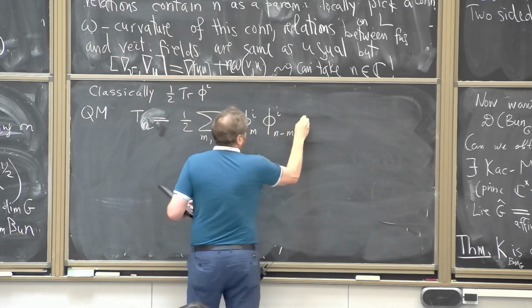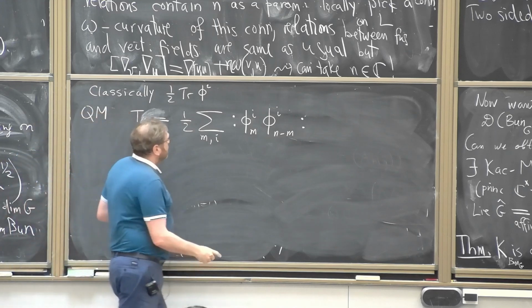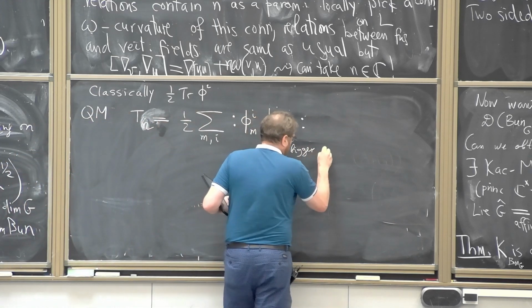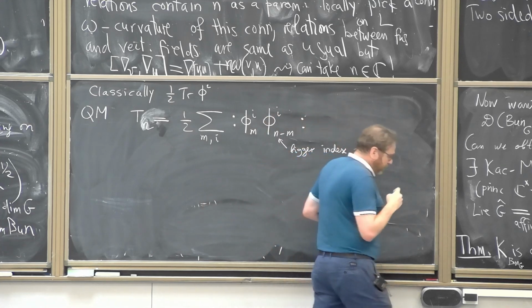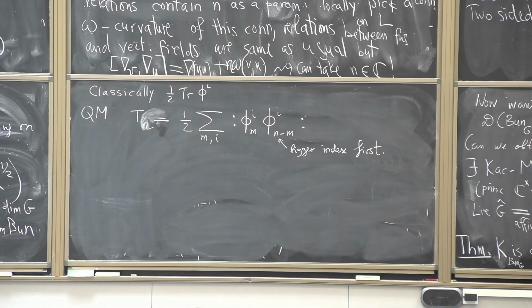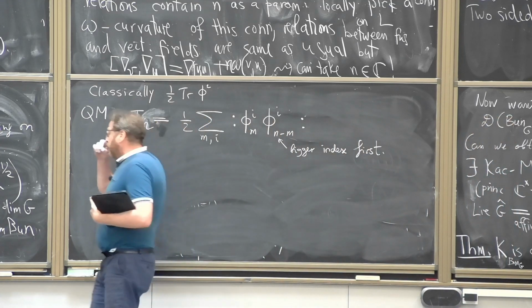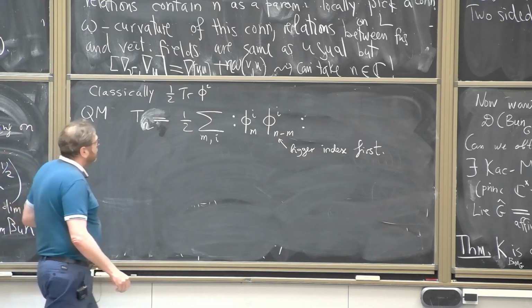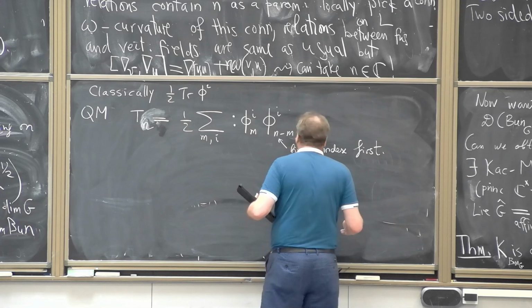But we should put a normal ordering, which will mean that bigger index first. So then this will make sense as an operator on highest weight representations.